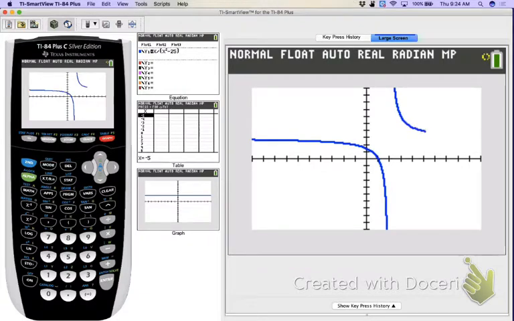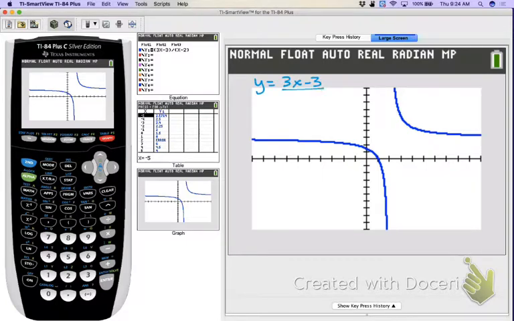This is what my graph would look like. It has horizontal and vertical asymptotes. If my function was 3x minus 3 divided by x minus 2, where's my vertical asymptote?